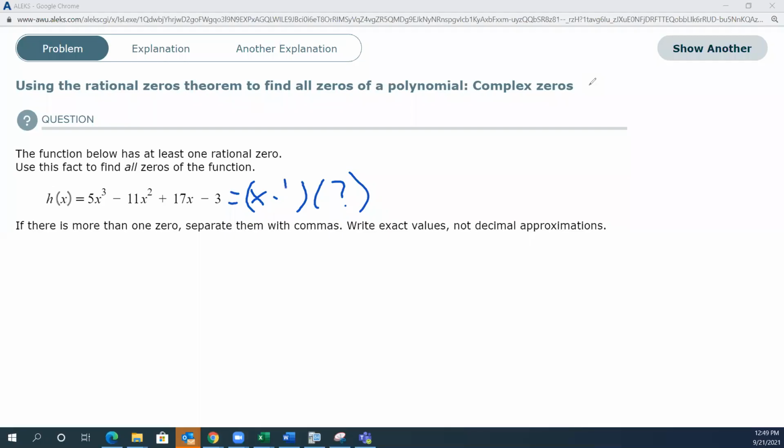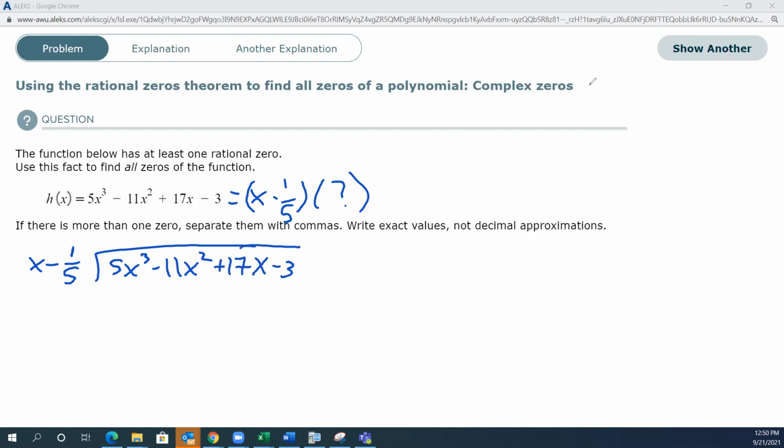Whoops, that was supposed to be 1/5. Okay, all right, cool. So now we'll divide x minus a 5th into 5x cubed minus 11x squared plus 17x minus 3.